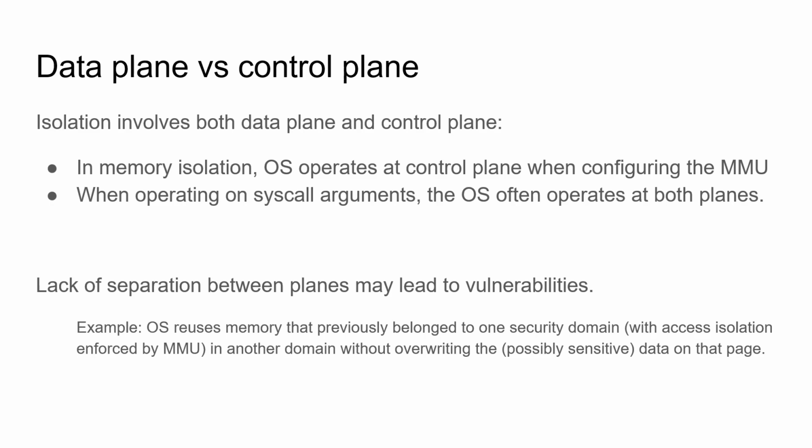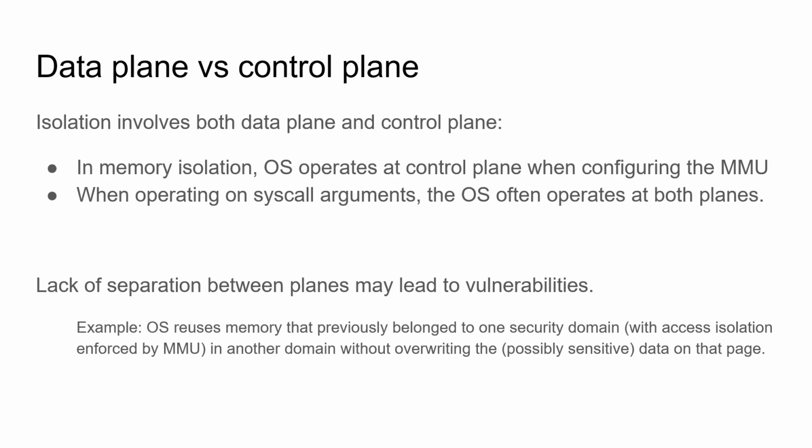But there are also control plane operations where we configure the switch to operate in a certain way. Configure that some packets with a certain destination go to that output port rather than that output port. And when we configure the switch to provide isolation between two network segments and so on, those are all control plane operations. Well, analogously, we have control plane and data plane operations in operating systems.